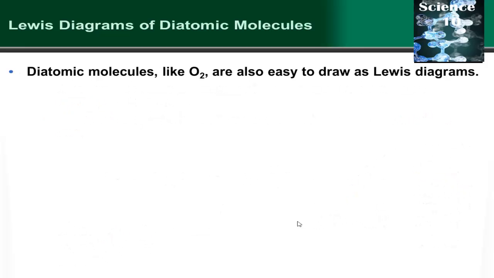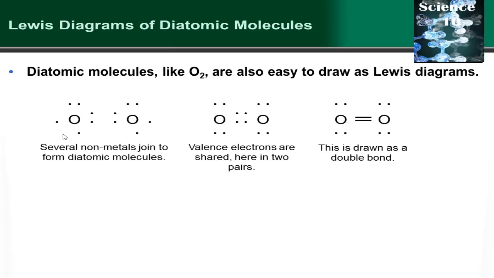Lewis diagrams can be very useful when drawing diatomic molecules. Diatomic molecules like oxygen contain 2 atoms per molecule. So if we draw oxygen as an individual atom, you'll see it has 7 electrons. The other one has 7 electrons.